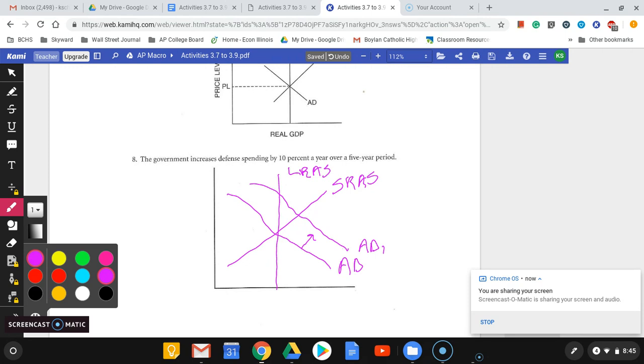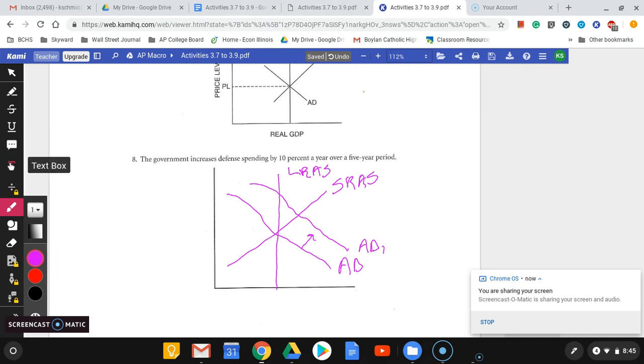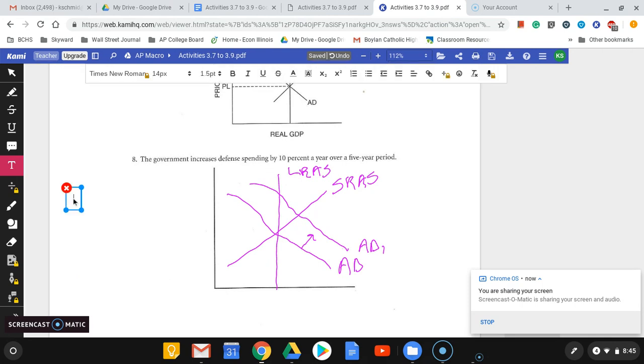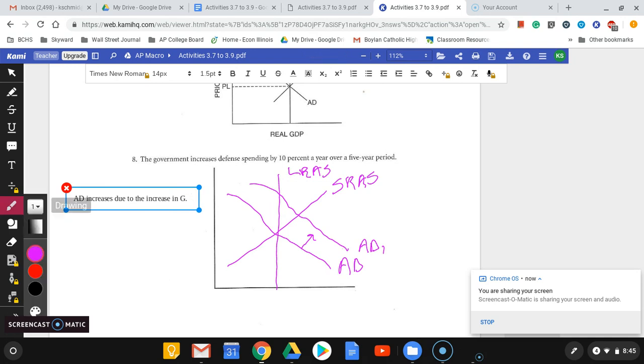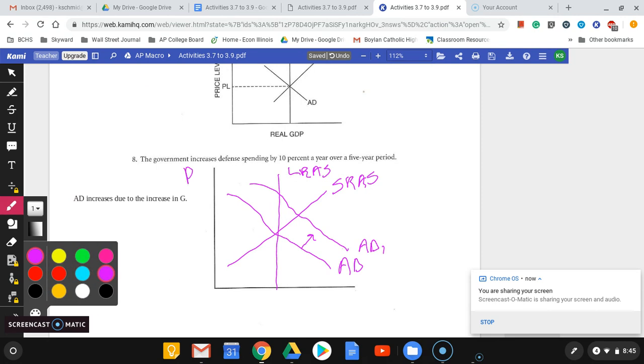Okay, and over here I'm going to type in a text box as I explain what's going on here. So AD increases due to the increase in government spending. Okay, so I'm going to add here the price level and then real GDP on the horizontal axis.